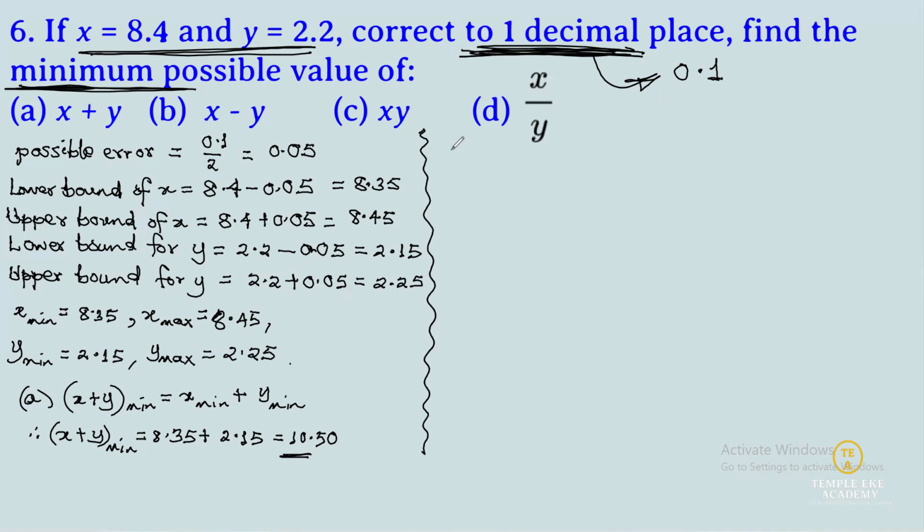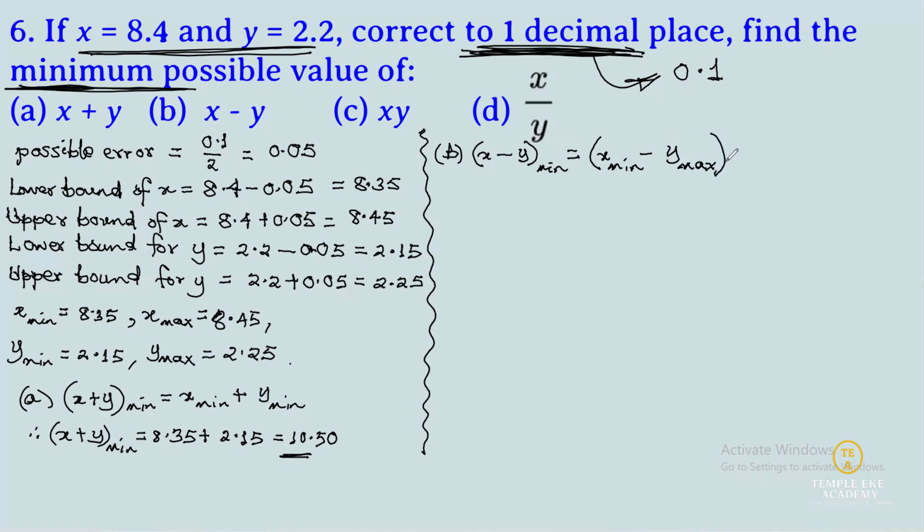Let us create that demarcation for more work. The calculation B, minimum value of x minus y. Let's go and look at that. So we're talking about x minus y at the minimum. How can we obtain this? Subtraction. That will happen when we take on the minimum value of x, the minimum value of x must subtract the maximum value of y, of course.